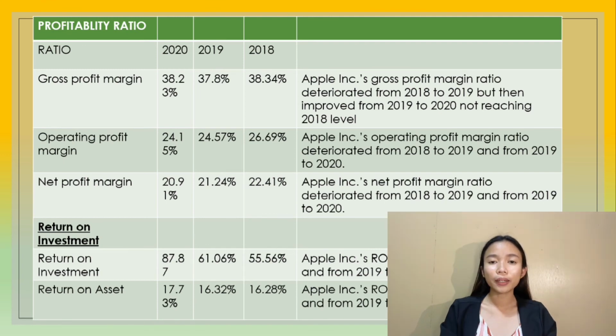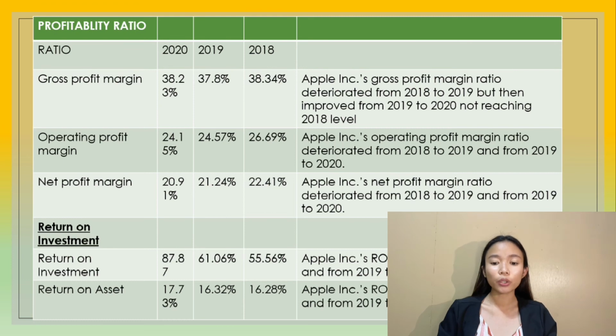So next is the return on investment. Return on investment is a performance measure used to evaluate the efficiency and profitability of an investment or compare the efficiency of a number of different investments. As to the data of Apple, Apple's ROI improved from 2018 to 2019 as well as from 2019 to 2020. The next one is the return on assets.